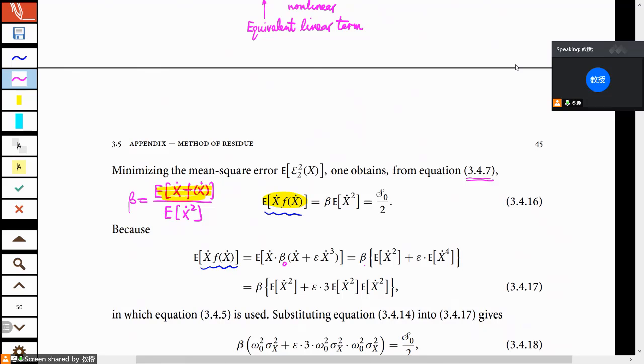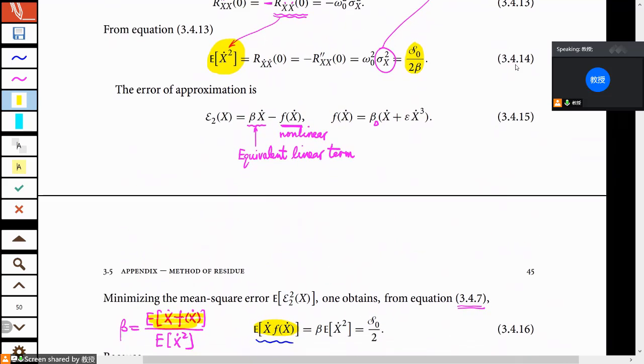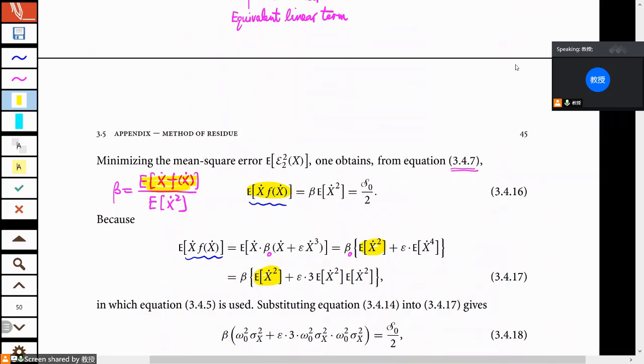When you expand, you have beta 0 times the expected value of x dot squared plus epsilon x dot to the 4. This term we already have, it's the mean square value of velocity.